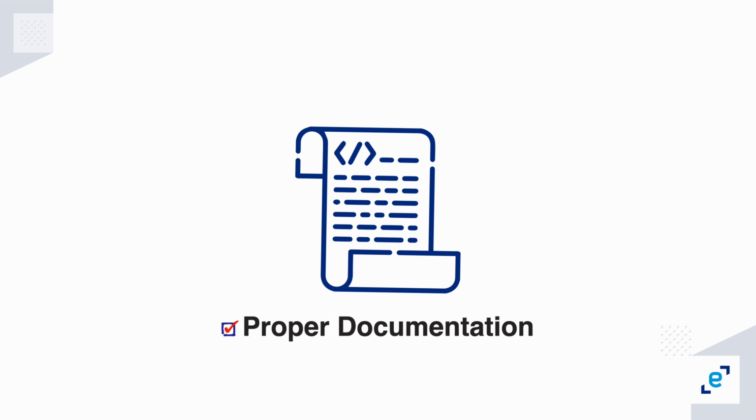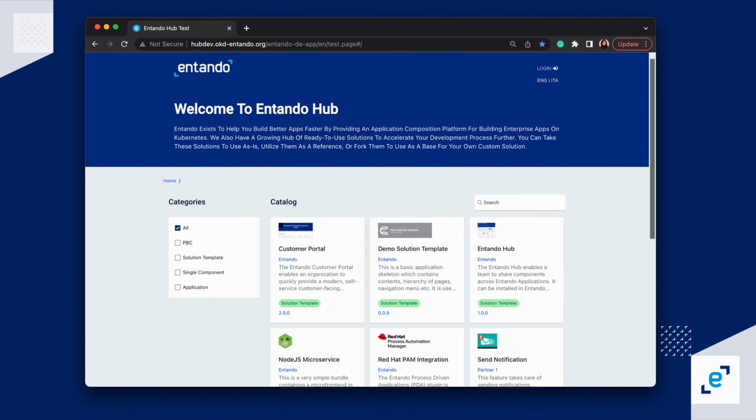Now, once again, it's time we take a look at the hub. Well, as you see here, there are many PBCs, component collections, solution templates, and single components under catalog. After the curator performs the validation checks, these building blocks made by creators are published in the hub.